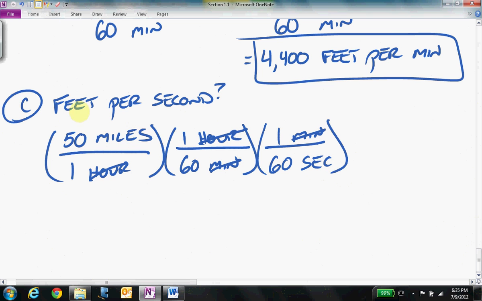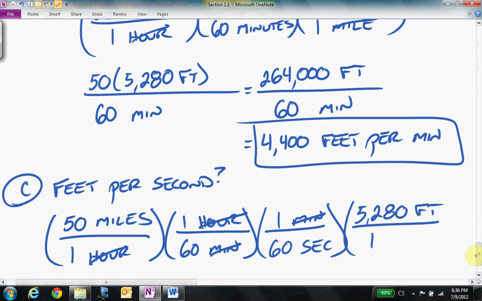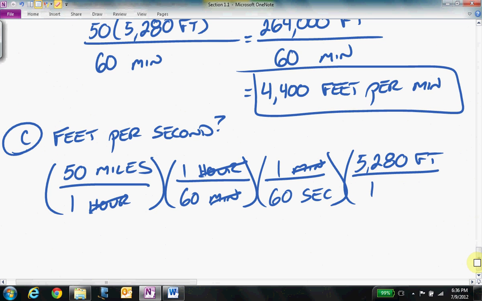I need to get that miles to feet. So we're still going to multiply by 5,280 feet per 1. Oops, there is a unit on that one, because we got to get rid of the mile.